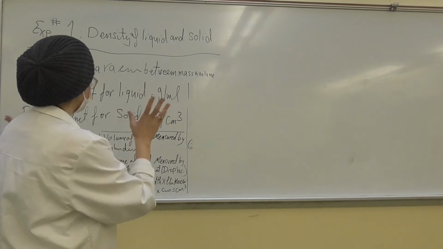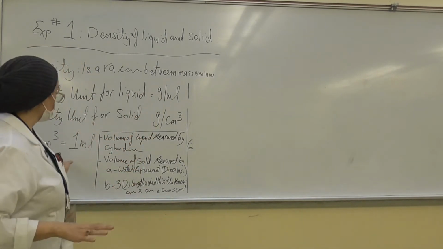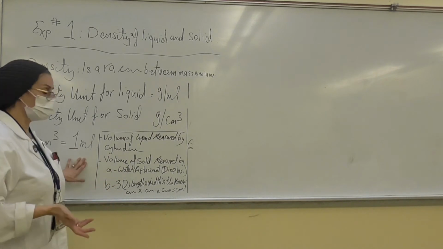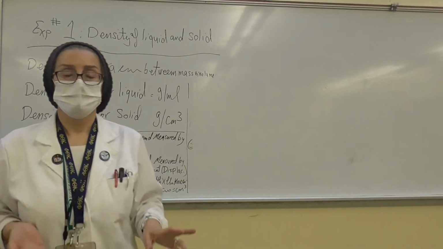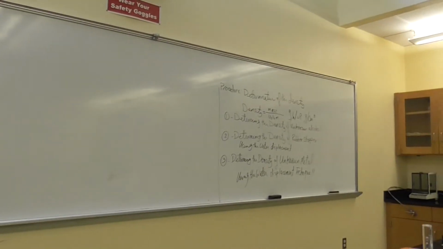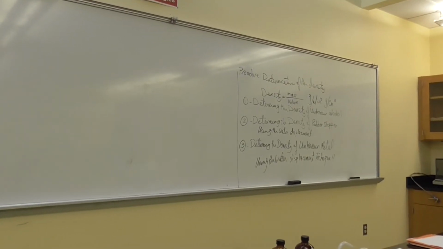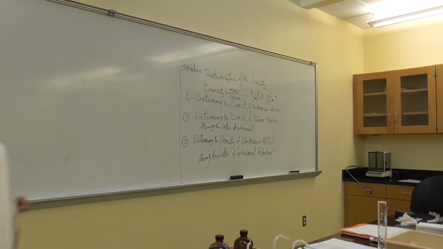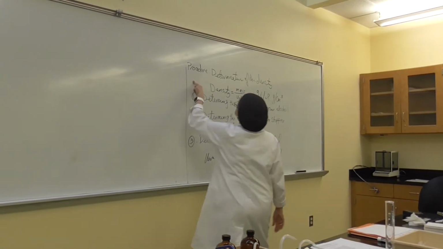Now, we know what's the difference between the cubic centimeter and the milliliter, right? 1 cubic centimeter is equal to 1 milliliter.